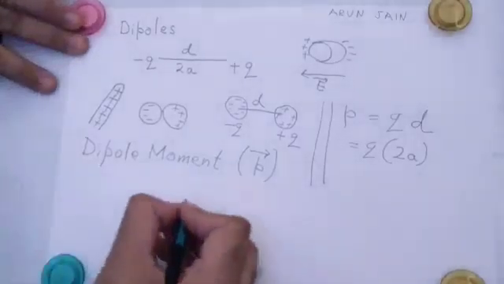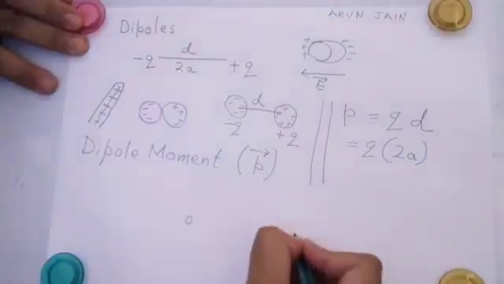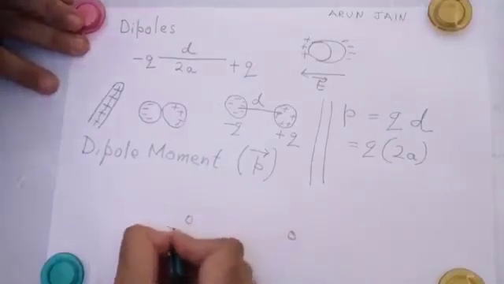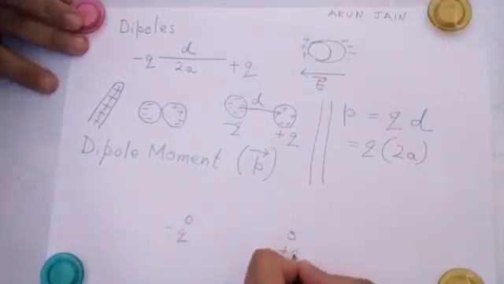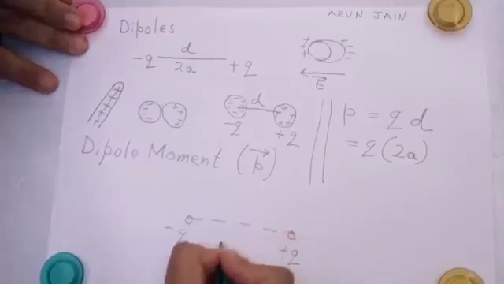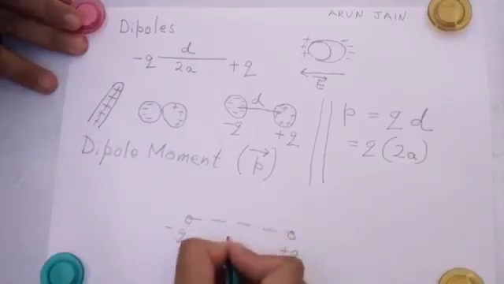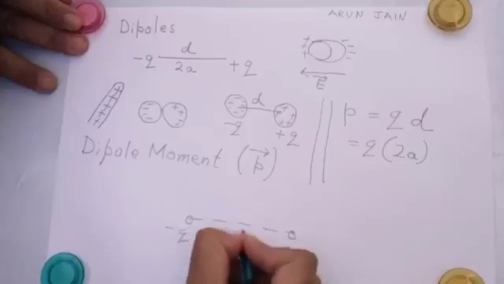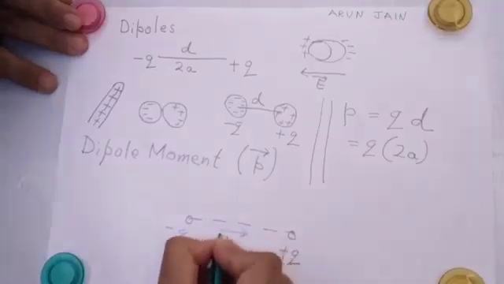Now if you look at a dipole, it has got minus charge, plus charge, and the dipole moment is from minus charge to plus charge. So dipole moment will be in this direction.